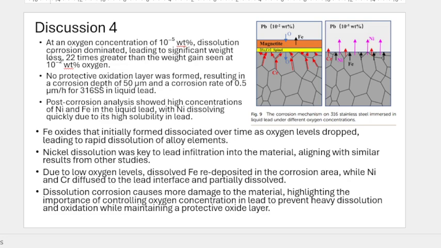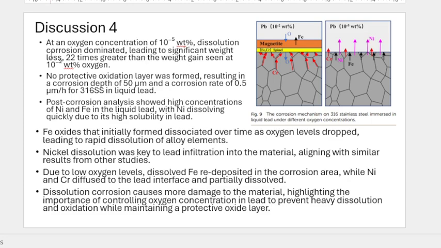No protective oxidation layer was formed, resulting in corrosion depth of 50 micrometers and corrosion rate of 0.5 micrometer per hour in the lead. Post-corrosion analyses show high concentration nickel and iron in the liquid lead, with nickel dissolving quickly due to its high solubility in lead.